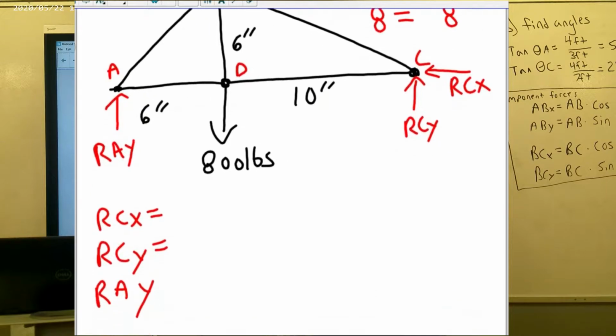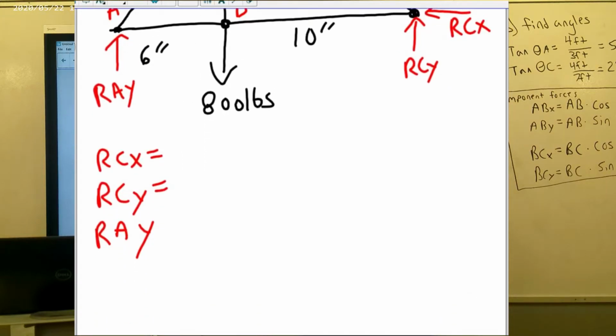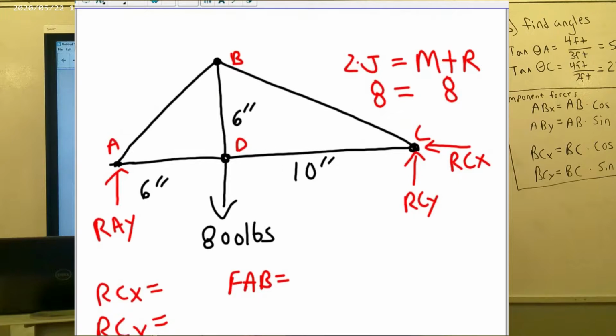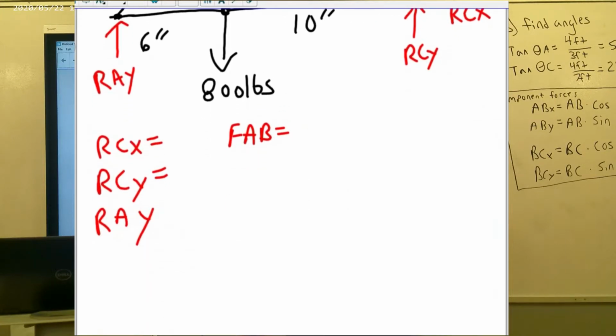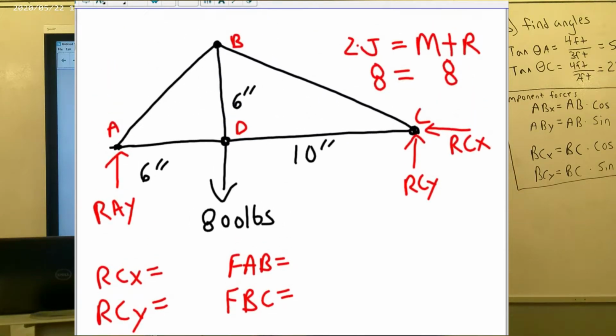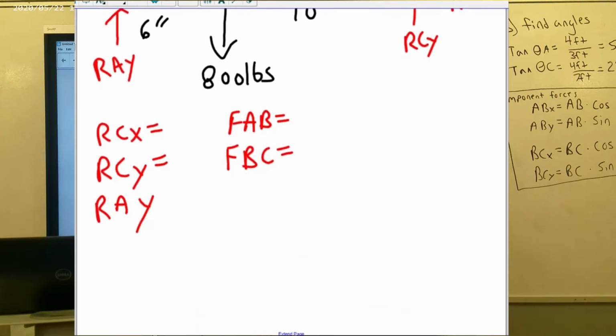So we're going to be solving for the force on member AB. FAB equals. We are going to be solving for the force on BC. FBC equals. We are going to be solving for the amount of force on member AD. So FAD equals.